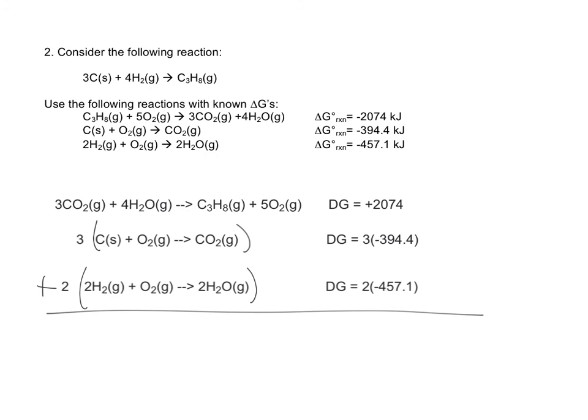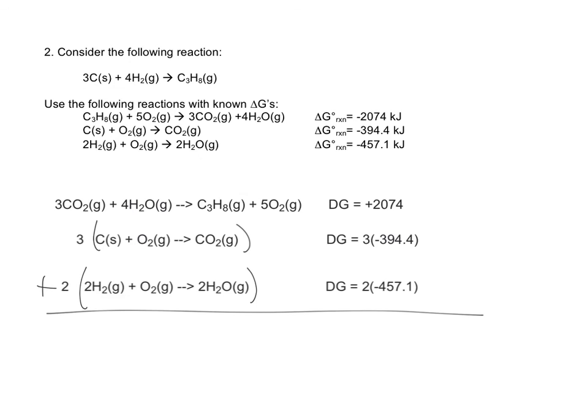But to do that, we modified all of our delta G's. So we want to do positive 2074, because we turned that equation around, plus 3 times negative 394.4, because we had to multiply that whole equation by 3, plus 2 times negative 457.1, because we had to multiply that whole equation times 2.